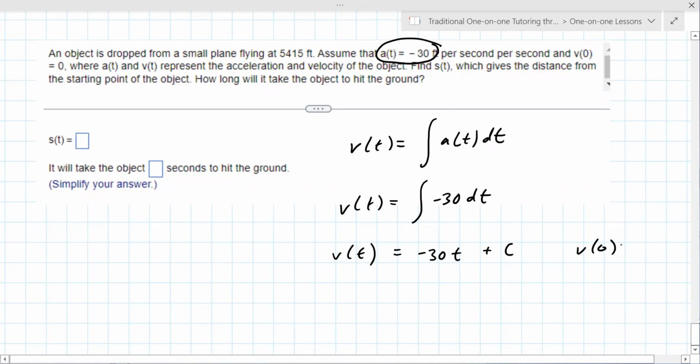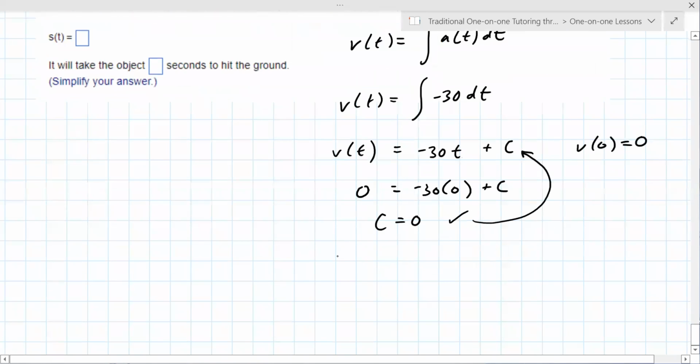They say v of 0 equals 0. So that's enough to be able to find the constant of integration. You plug 0 in for t and 0 in for v of t, and you get c is 0. So that goes back in here. It doesn't really help us much, but v of t is minus 30t. Position is the antiderivative of v of t.